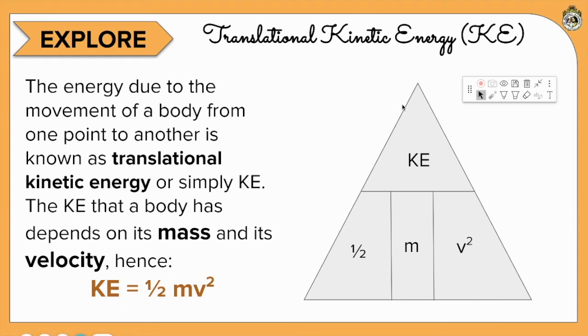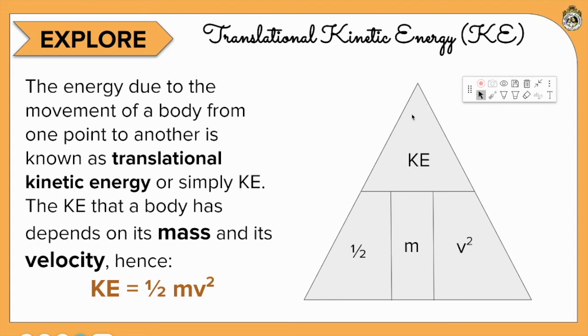And again, we can use the pyramid to write the formula, or to put the quantities involved in the equation for kinetic energy, so that it would be easier for us to determine the formula if we're looking for either mass or velocity.